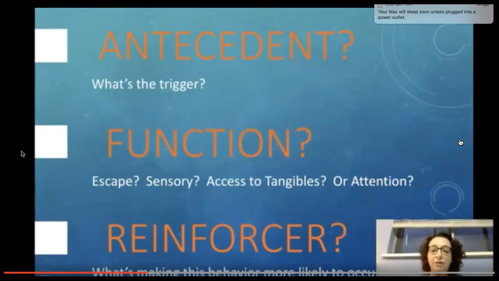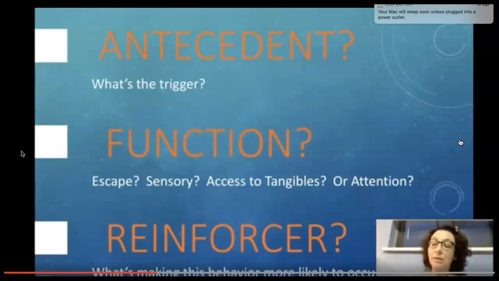And what's the reinforcer? It's really important that when we're doing an assessment, looking at behavior and collecting our data, we determine the function. We also have to ask ourselves: what or who is reinforcing the behavior? We have to be open to the fact that a lot of times it really might be us.